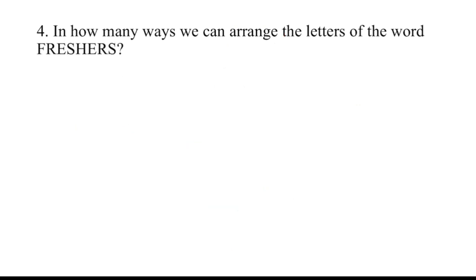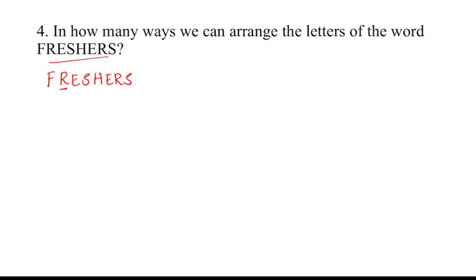How many ways can we arrange the letters of the word freshers? Okay, there is a word freshers. So in how many ways can we arrange? First see how many letters are repeating.